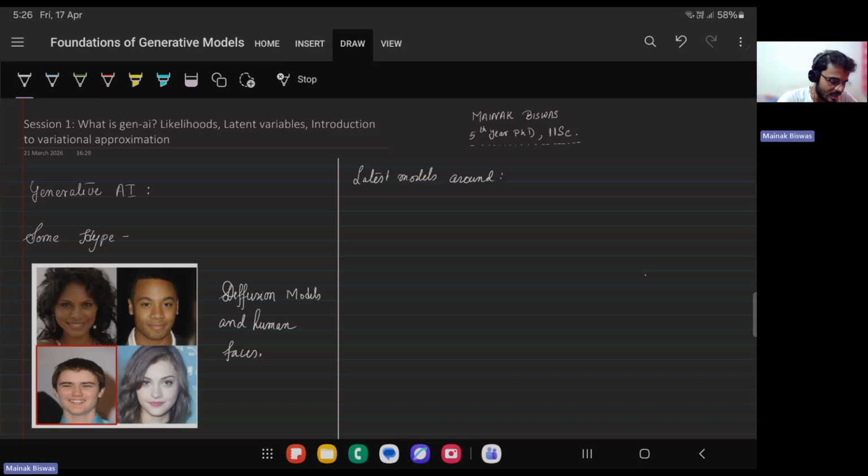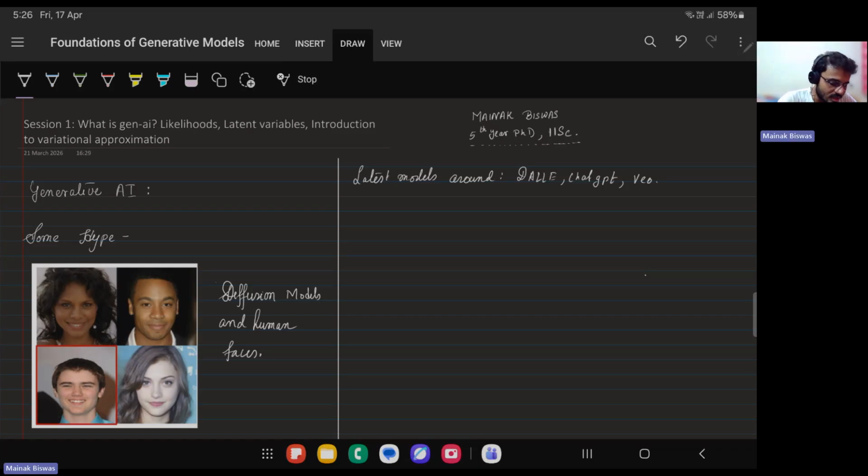The latest models around include DALL-E, ChatGPT, and so on, Veo.